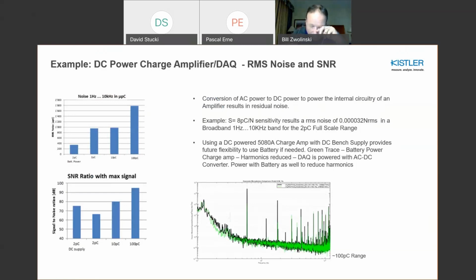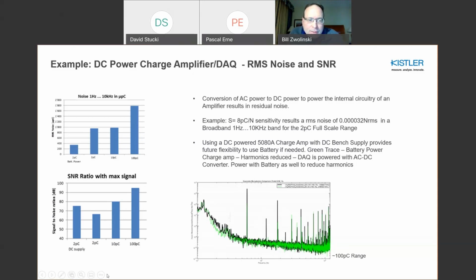So that's quite precise. Full scale means plus or minus 10 volts. So in that scenario, you would have an additional, say, 8 or 9 dB signal to noise ratio if you used a battery powered amplifier versus just using an AC powered supply.